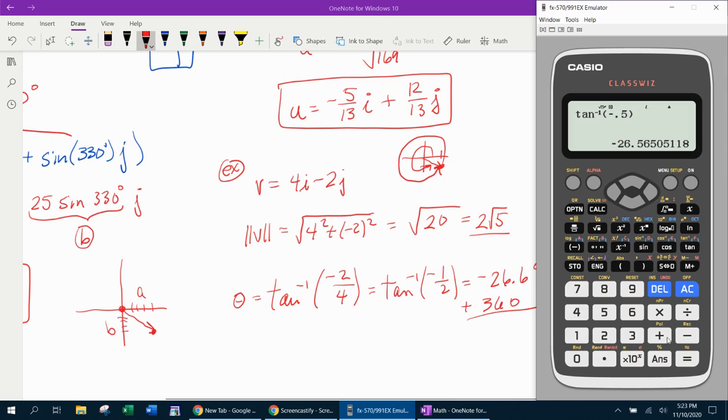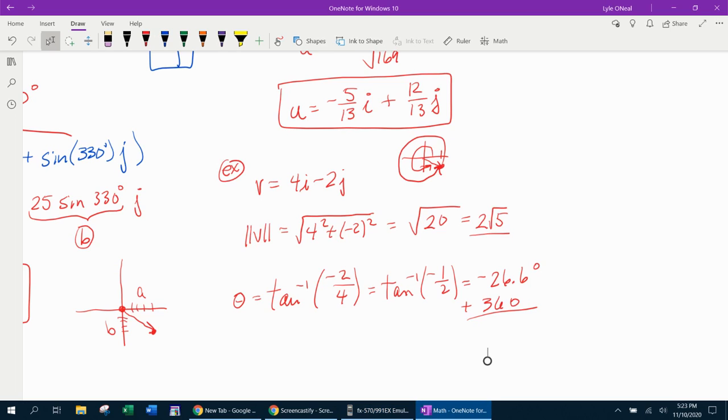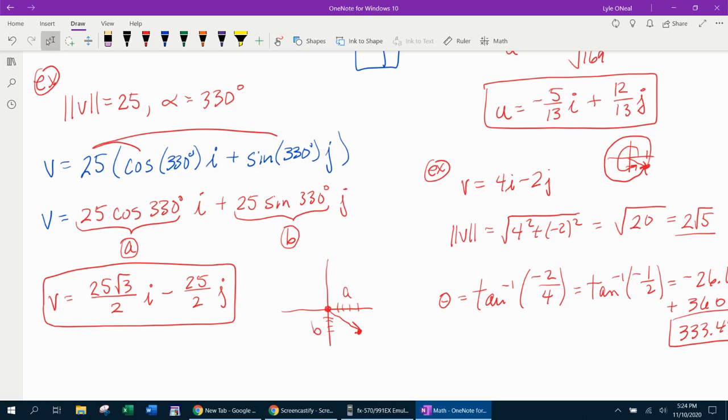So pulling up the calculator again, we simply need to add 360 to that to get the equivalent positive angle, 333.4 degrees. And that is the answer they actually ask for. That is the direction angle of this vector.